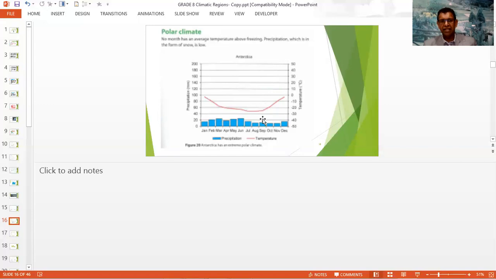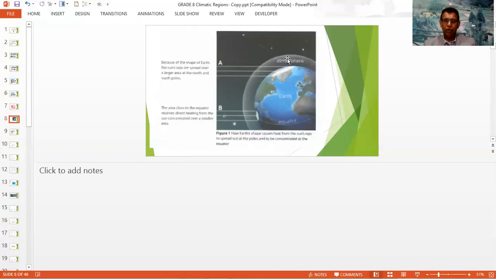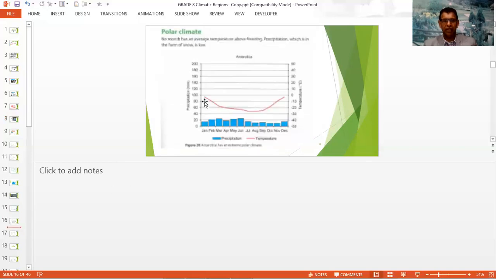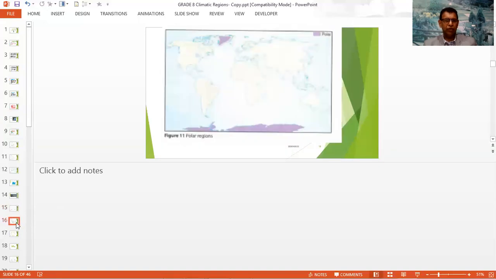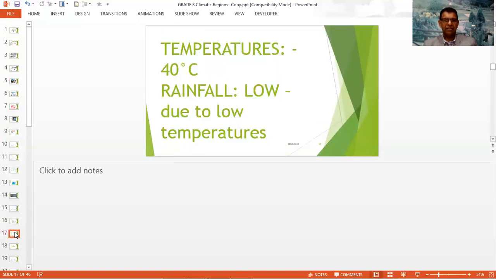Some areas, in the month of August, the temperature is roughly about minus 28 degrees Celsius. Once again, there's our polar areas. We're saying the polar areas are going to be colder, as you can see here, and of course that is going to influence the rainfall.